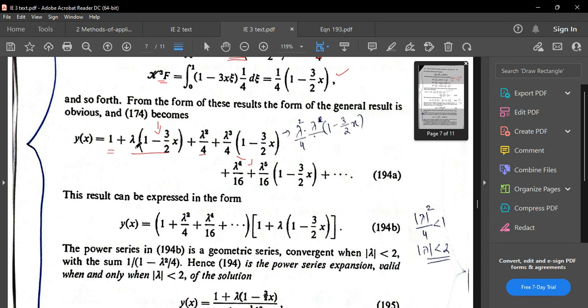Here it is 1 plus lambda into 1 minus 3 by 2 x. Here we can common out lambda square by 4 from these two factors. What will we get? Lambda square by 4 into this lambda into 1 minus 3 by 2x, multiplying lambda raised to 3, sorry, this lambda square by 4.